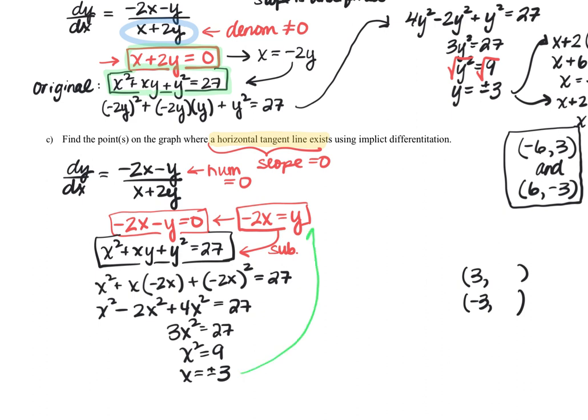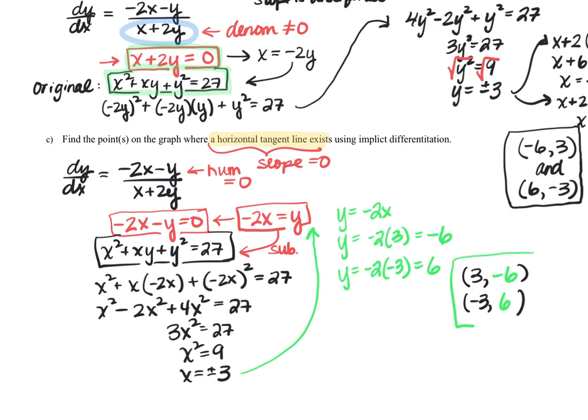And it's always nicer to go to the simpler looking one, which would be y is equal to negative 2x. So we have the x value, we just need the y value. So y is equal to negative 2 times positive 3. So again, that would give us negative 6. And then same thing, if we substitute in negative 3 for x, we would get positive 6.